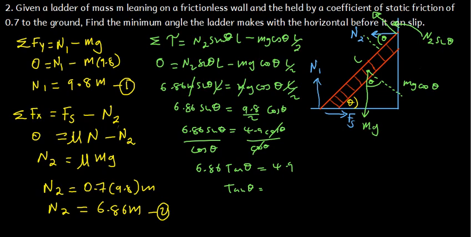So 4.9 divided by 6.86 is going to give us 0.7142. So to remain with theta, theta is going to be tan inverse of that value. So theta is 35.5 degrees. So that is going to be the minimum angle that the ladder is going to make before it can slip.